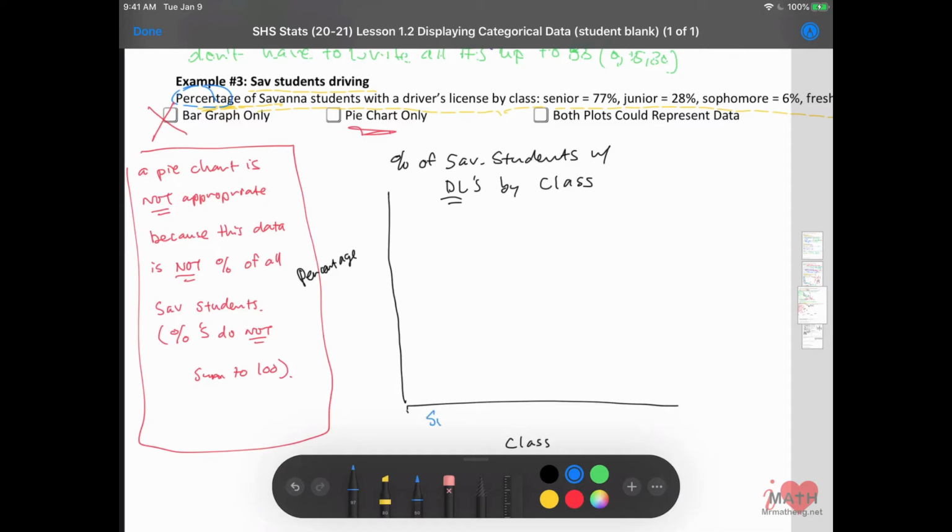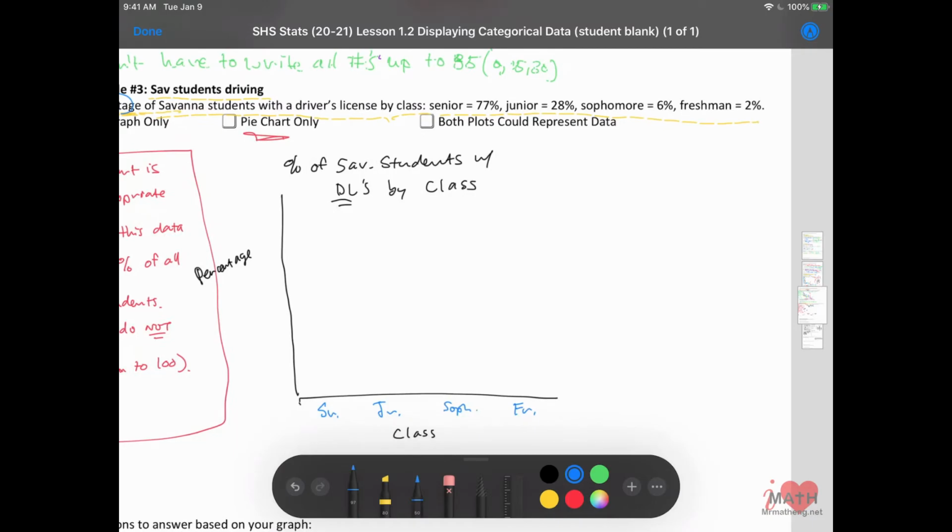So I have seniors, juniors, sophomores, and the freshmen. And then your percentages. You'll notice that the percentages are all over the place, so I'm not going to do a break in this one. So it's okay if you did something like 10, 20, 30, 40, 50, 60, 70, 80.